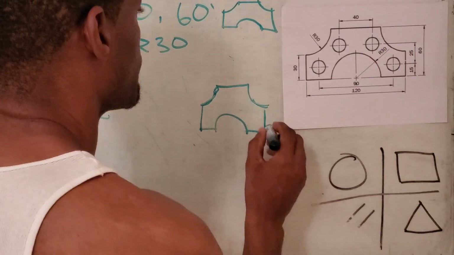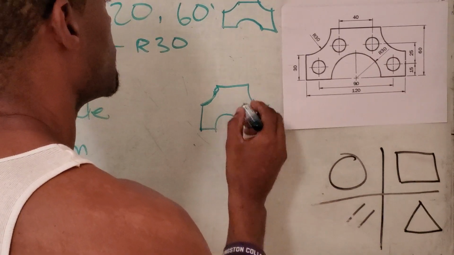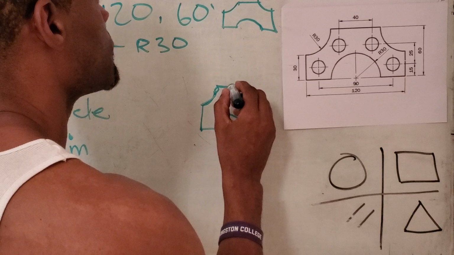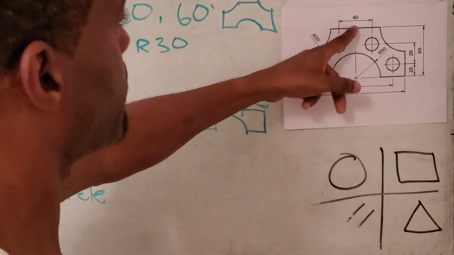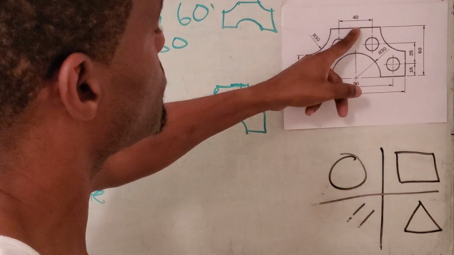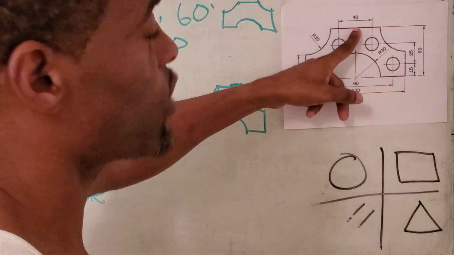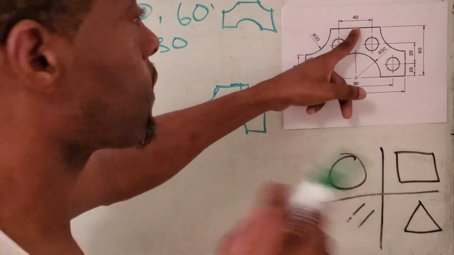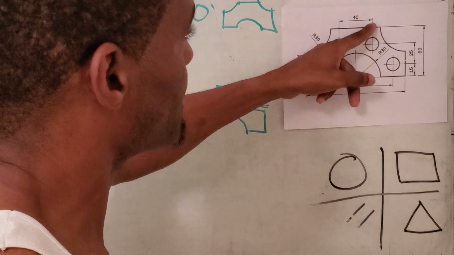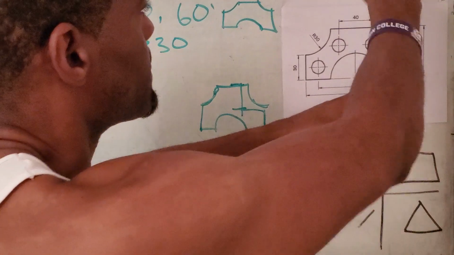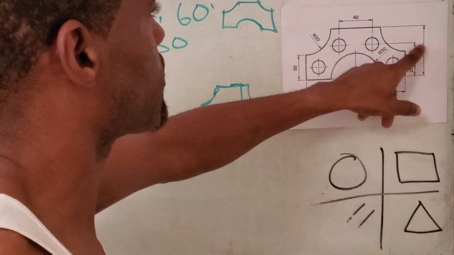So we have this line coming here. Half of this is 20. We always work from midpoint. So from here, we go across 20, then down, at a distance to cut this line that comes across.